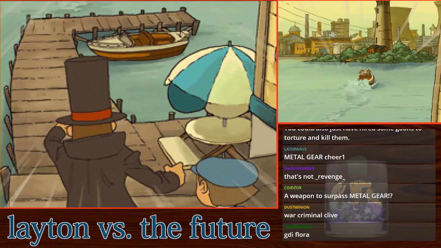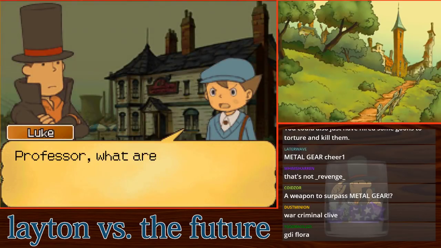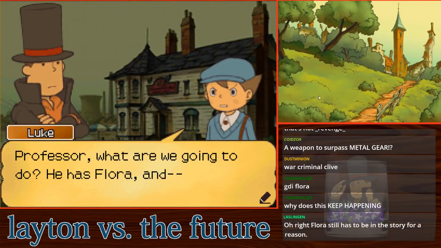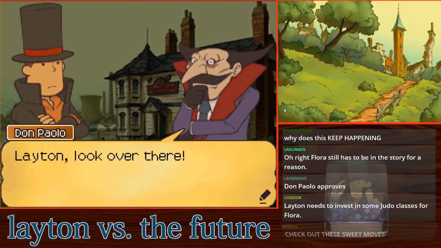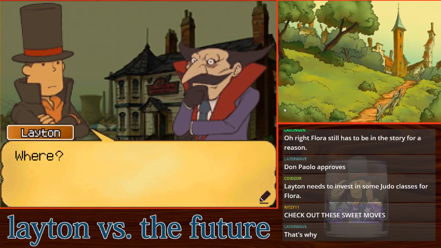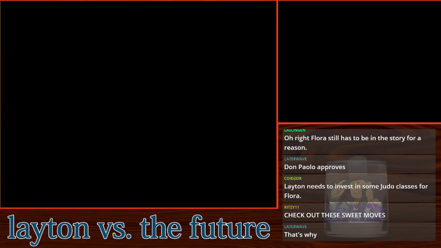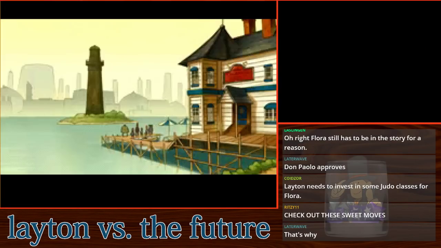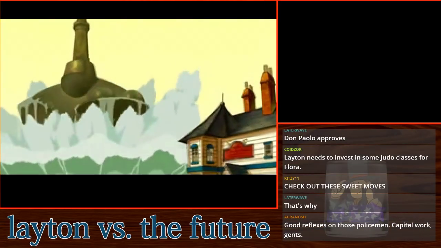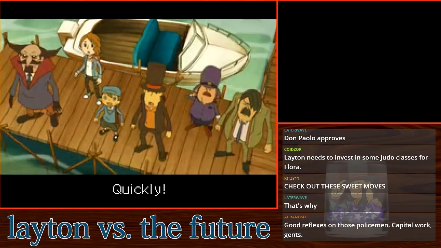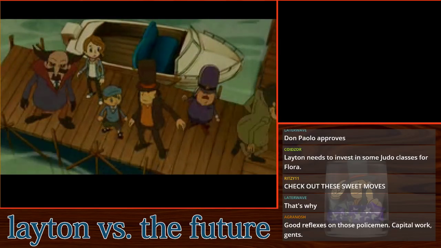That was a bit of a swift drawing there. I understand they need some interstitial frames for all this. A weapon to surpass Metal Gear.